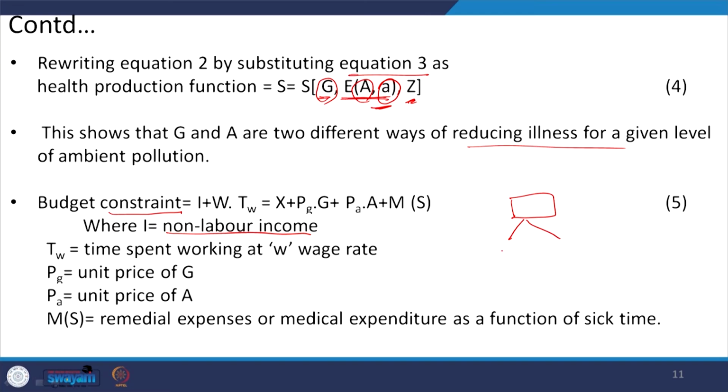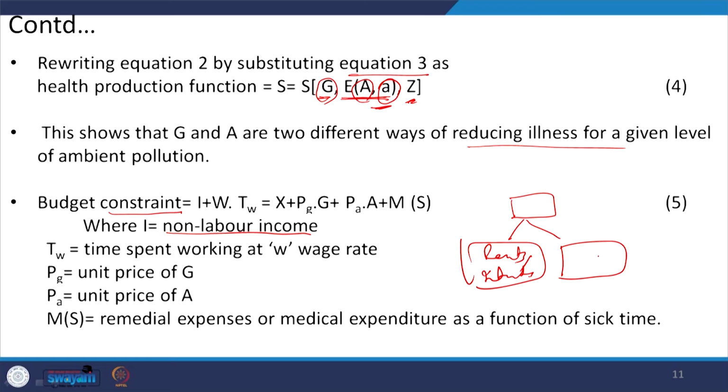The second one is non-labor income. That means, although he is not working and not getting any wages, still he is getting some income, maybe in terms of rents, maybe in terms of interest. These are also incomes. And the other is that the person is investing his time and getting some wages, and that is a part of his income.